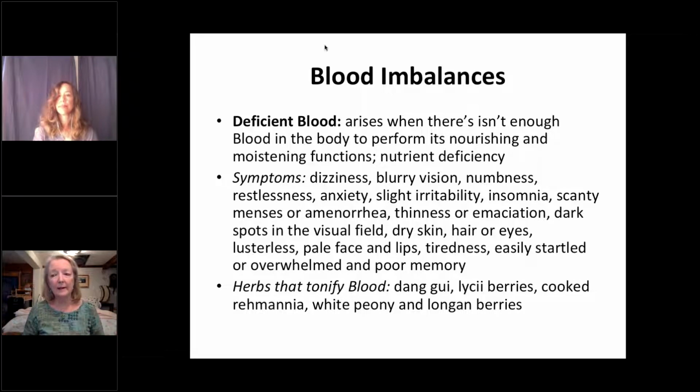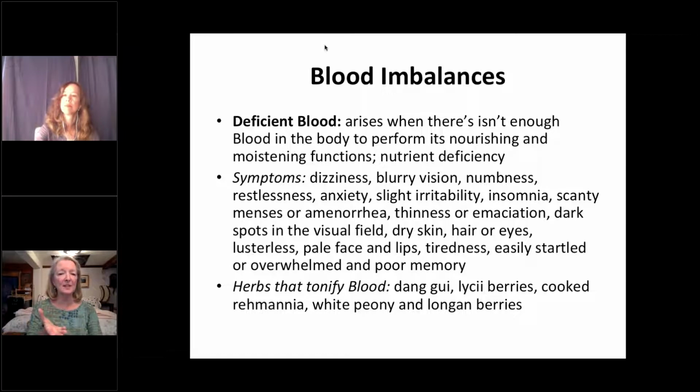Deficient blood, not enough blood. Now, in traditional Chinese medicine, somebody who has deficient blood may or may not test as anemic. They're different things because remember, the blood functions are happening on a cellular level on out, including with all the organs. So they may test as fine, they don't have anemia, but they have signs of blood imbalances, blood deficiency.